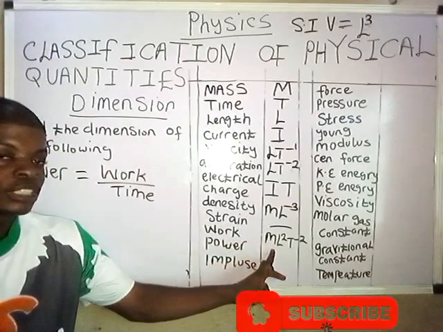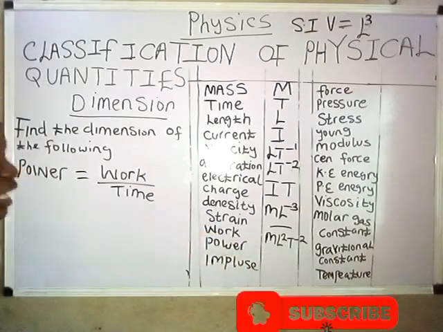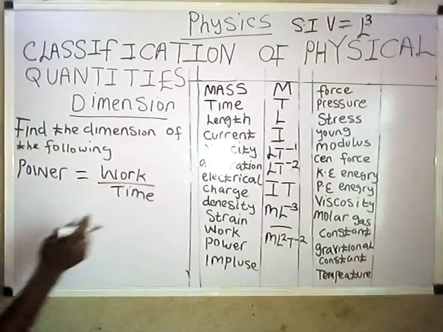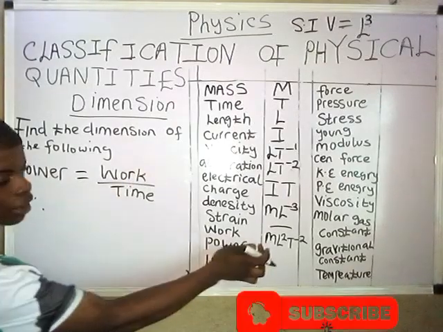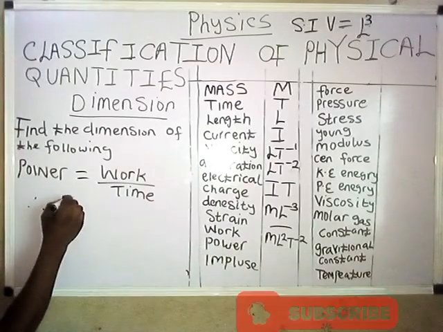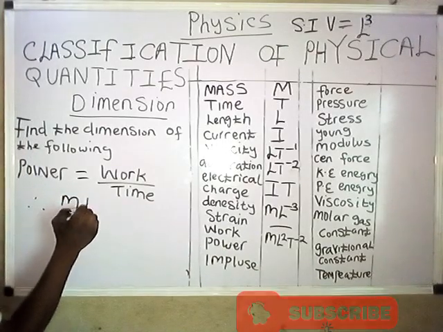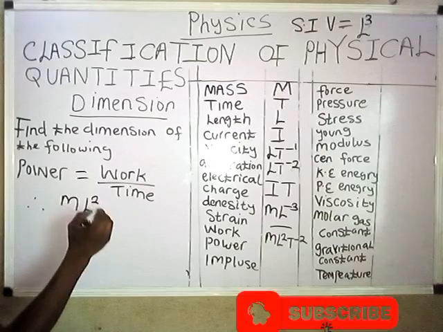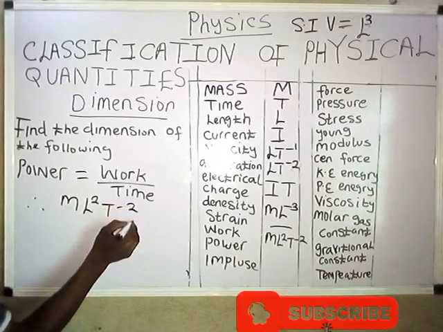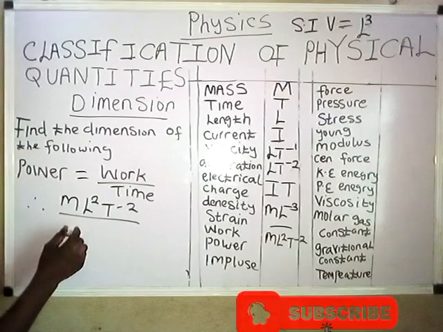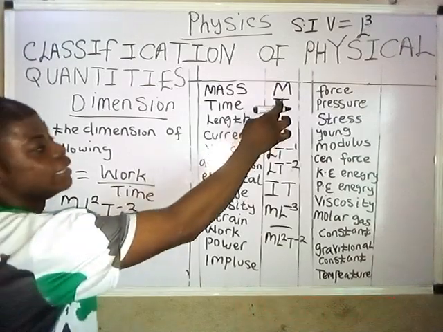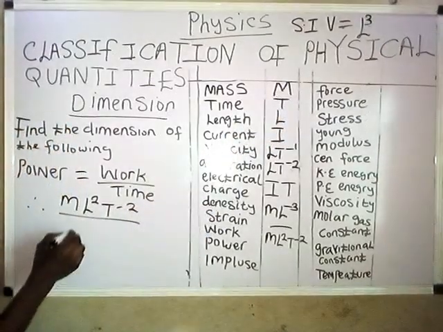Let's just substitute into the formula. The dimension for work is M L raised to power 2 T raised to power minus 2, over time. The dimension for time is T.